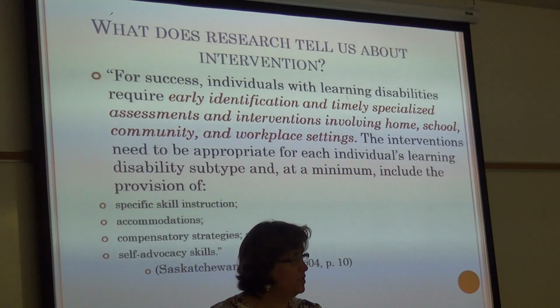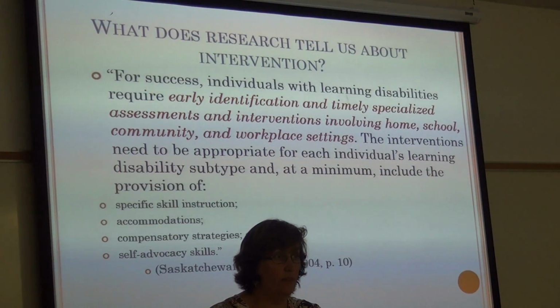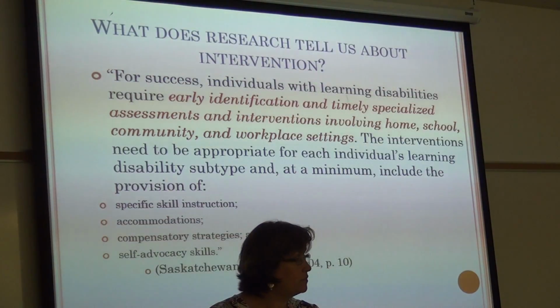So, what does research tell us about intervention? So I told you previously that if we do discover that someone does have a reading learning disability, then the best thing to do is have direct and explicit intervention.